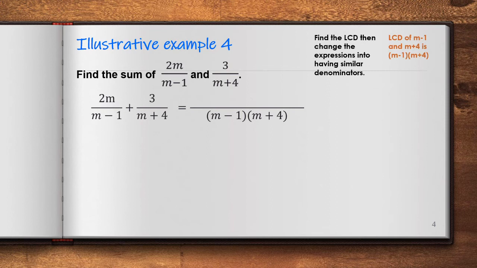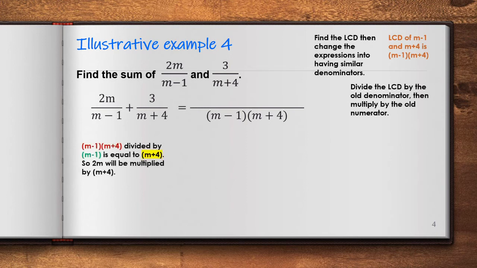The new denominator will be divided by the old denominator. Then that will be multiplied by the old numerator. So, our LCD will be divided by the old denominator m − 1, and that is equal to m + 4. So 2m will be multiplied by m + 4.